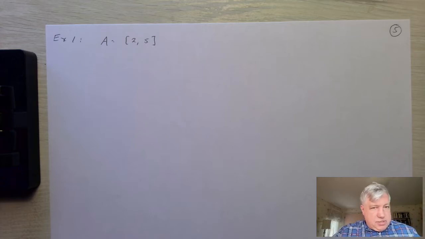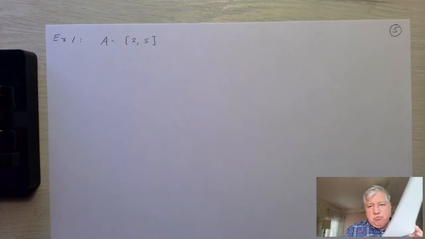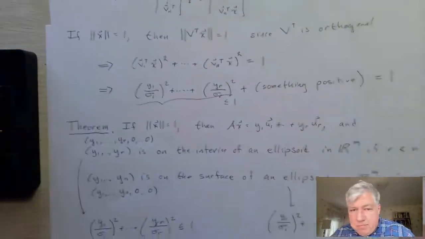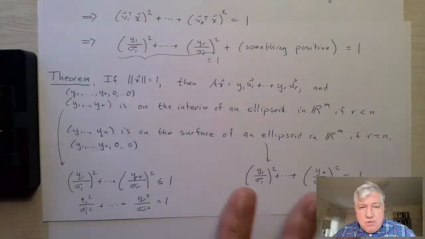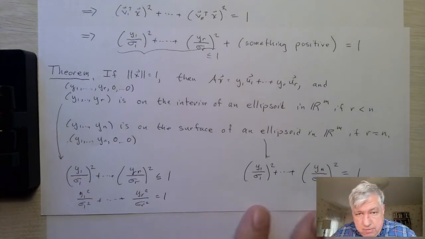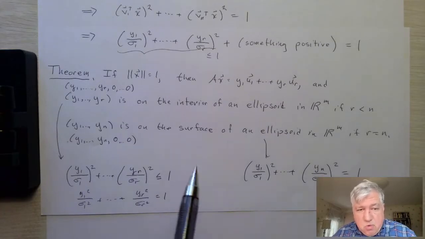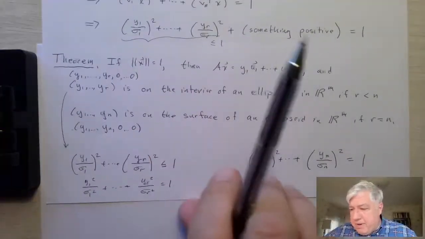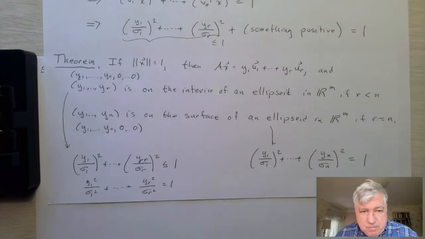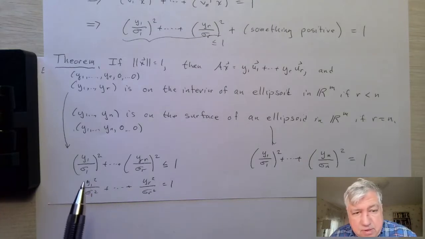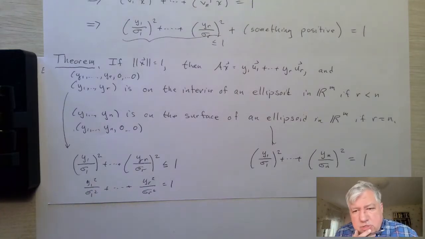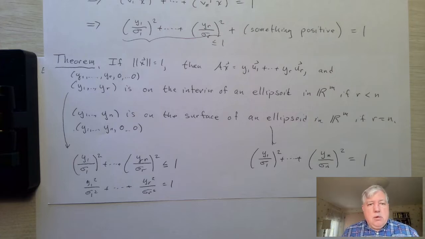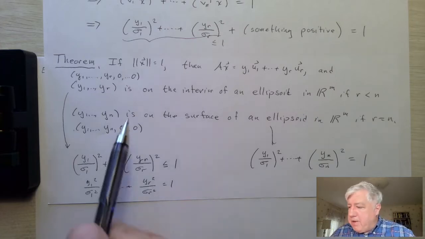Before I look at some examples, I just wanted to say one thing about the theorem at the end of the last video. Remember that you'll notice these equations for these ellipsoids look like they don't have enough variables, because these are equations in R^n variables.